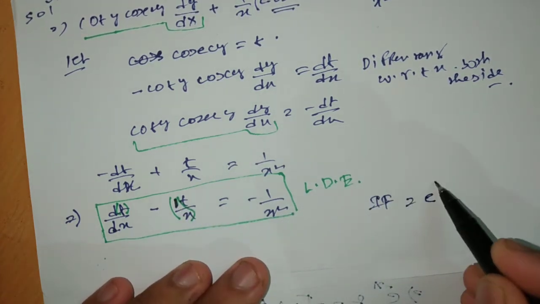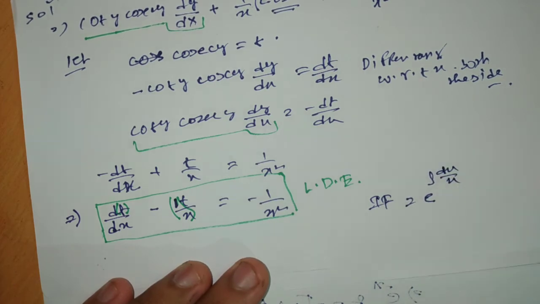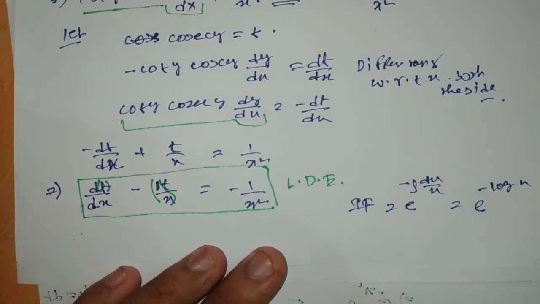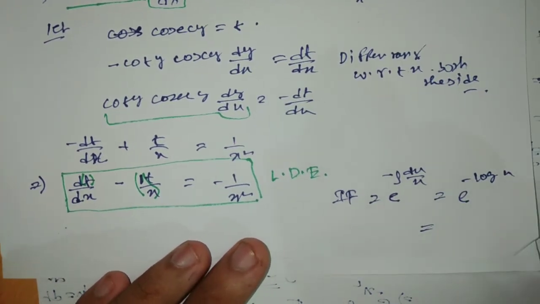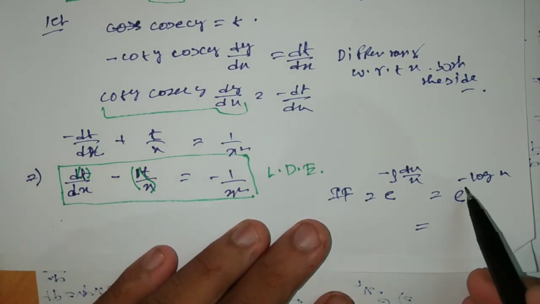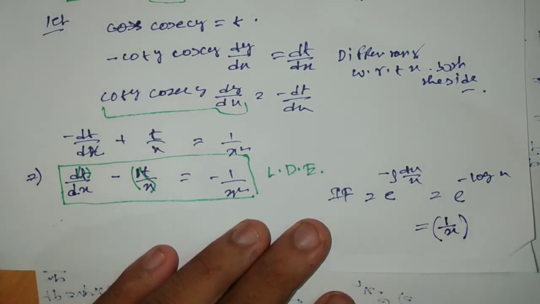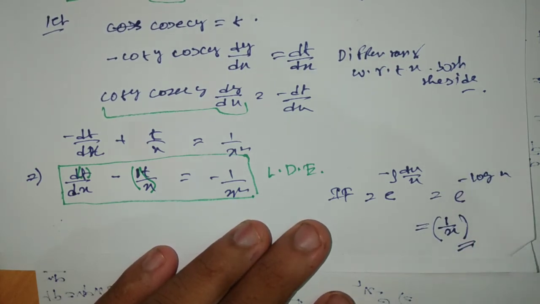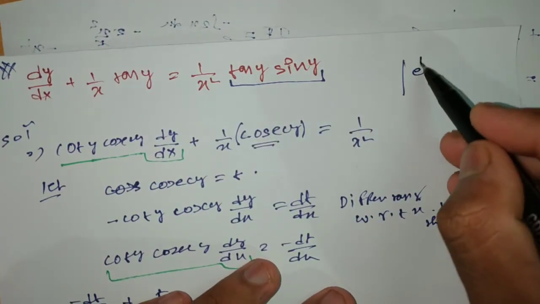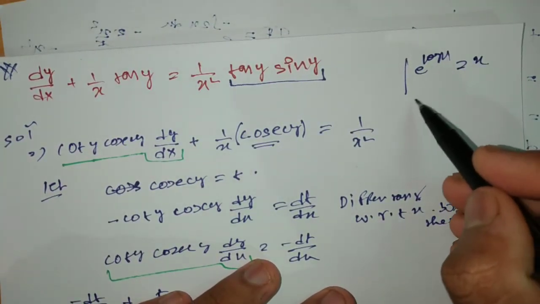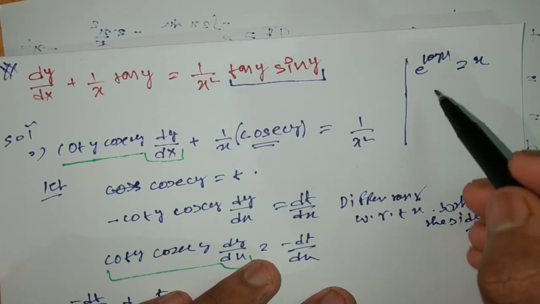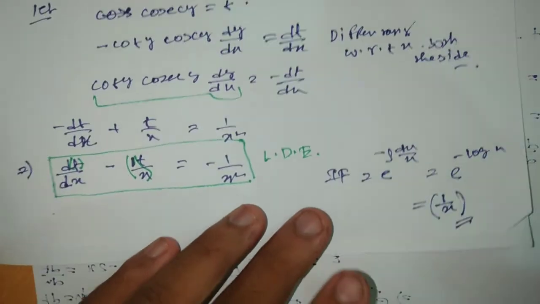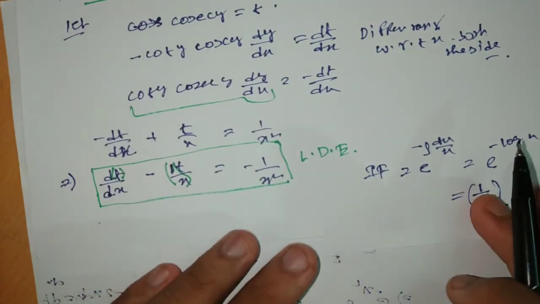So IF will be equal to e to the power integration of minus dx upon x, which equals e to the power minus log x. e to the power log x is equal to x, it is the property of logarithm and exponential, but here there is a minus sign, so e to the power minus log x is equal to 1 upon x. So note it carefully. So we get the IF, 1 by x.